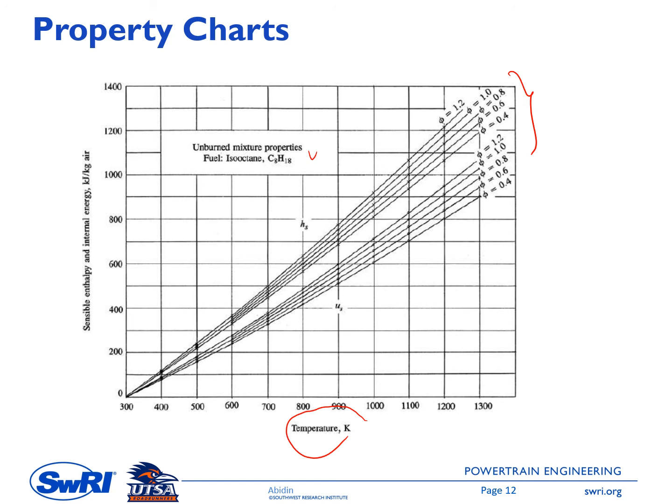For example, if we have unburned mixture at 800 Kelvin and phi is 0.4, then you will get the value of enthalpy and internal energy around this number. This is good for illustrative purposes, but when we write a program to get the properties, we need to use a different method, not a chart, but a formula.